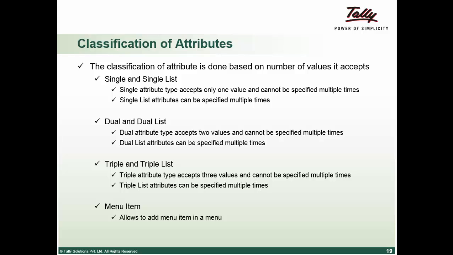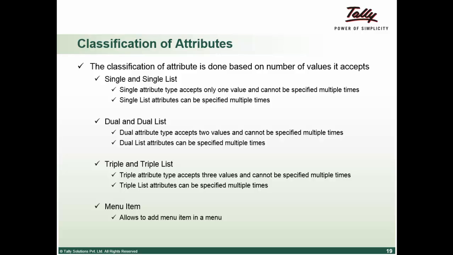Hence, there are 7 types of attribute categories specified. Single and single list. A single type attribute accepts only one value and can't be specified multiple times. Attributes such as width and style are of single type.